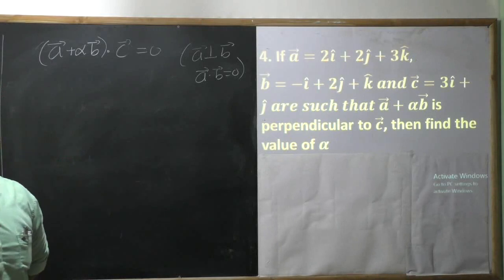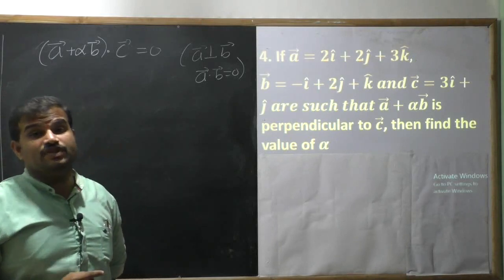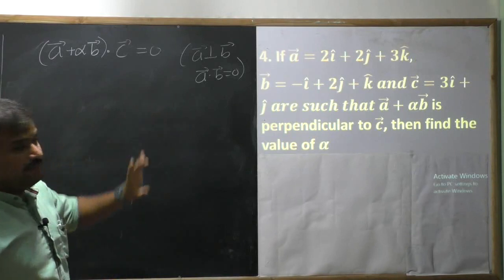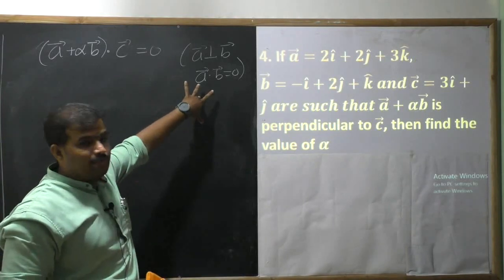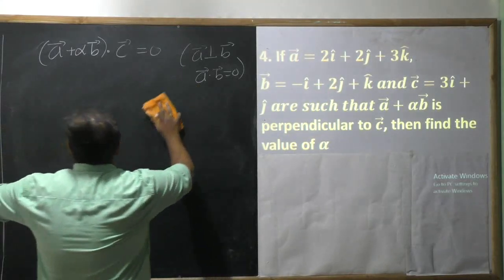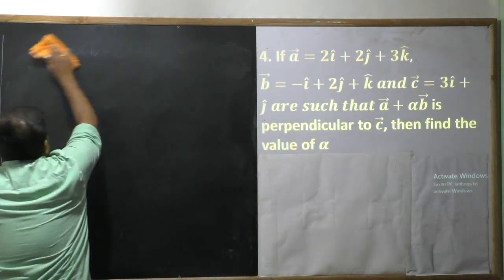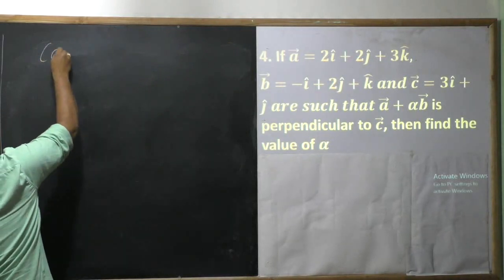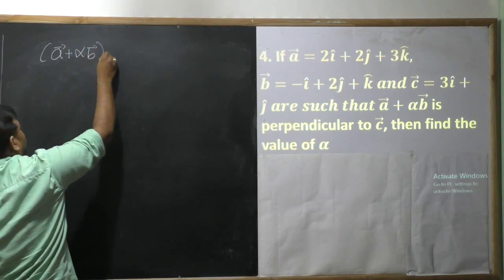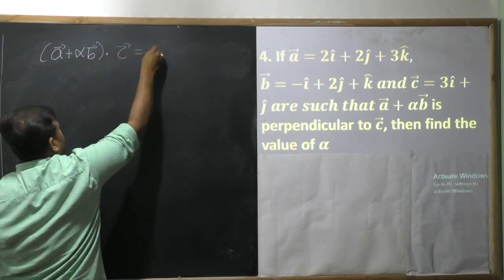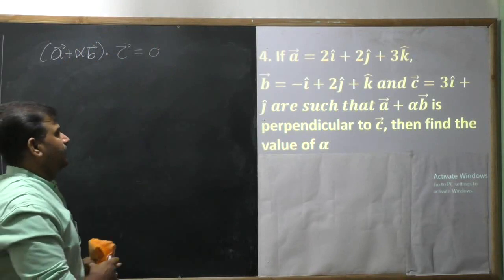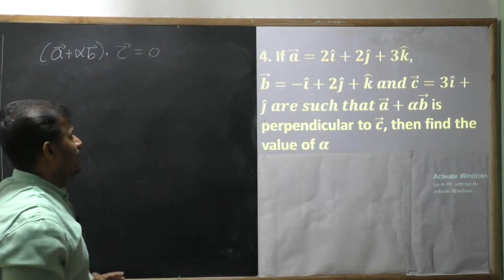You can see this in the observations of dot product: if a and b are perpendicular, then their dot product is always 0. Based on that I have written this: vector a plus alpha into vector b dot vector c is equal to 0. It is not the 0 vector, it is the scalar 0. Then you have to find alpha.